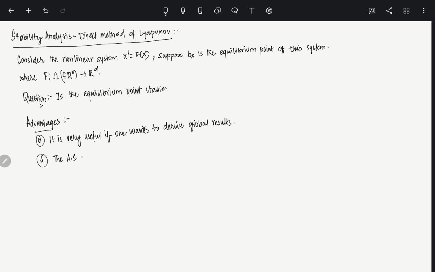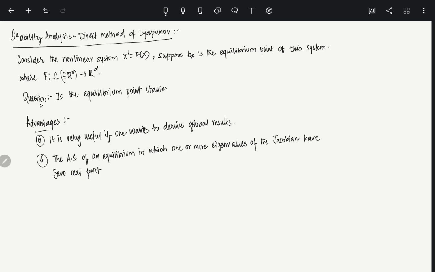asymptotic stability of an equilibrium in which one or more eigenvalues of the Jacobian have zero real part.